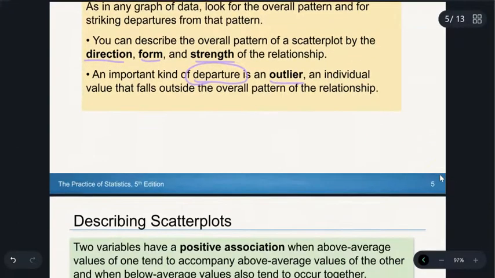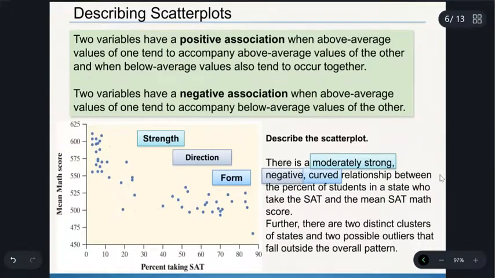So let's go on to the next page, and let's talk about describing scatter plots. When we look at these scatter plots, and that beautiful one that I drew for you a while ago, because I'm such an artiste, we have two ways of looking at associations: positive and negative. Positive association is an association where as one variable increases in value, the other one does the same.